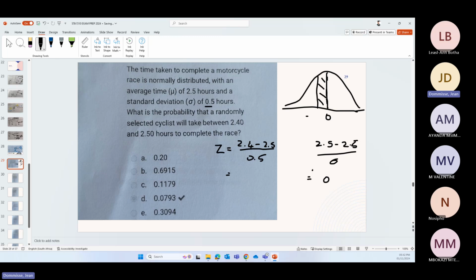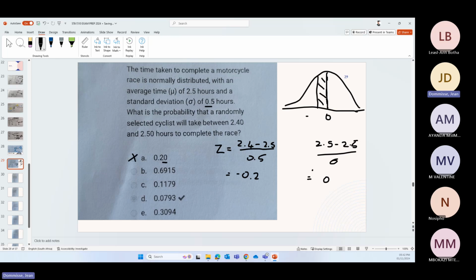So let's see, 2.4 minus 2.5 is minus 0.1. That divided by 0.5 is minus 0.2. So there's a bit of that.